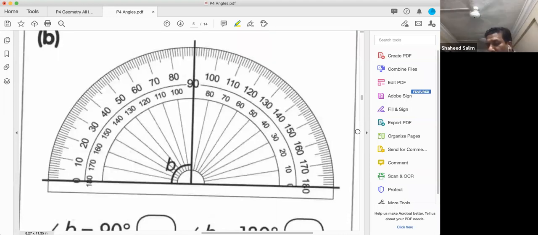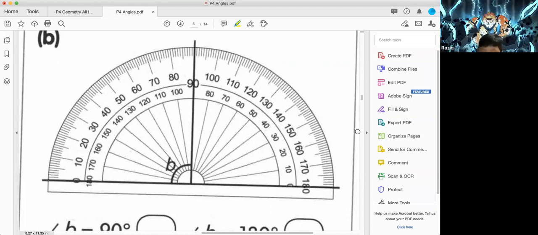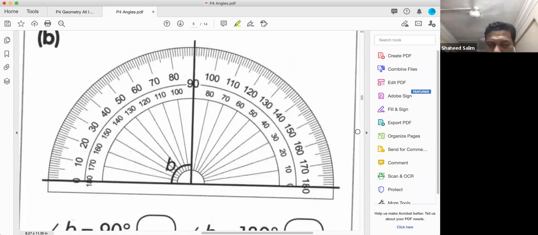Come on, Mr. Razik. Razik, congratulations. 5 points for Mr. Razik. I think Razik has already hit 50 points already. Neris, congratulations. 5 points for Miss Neris.